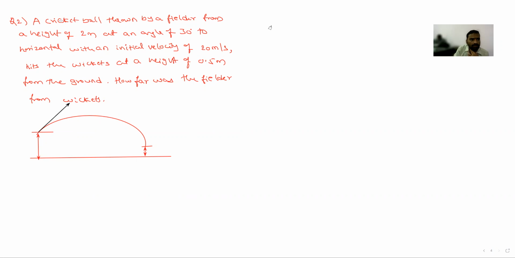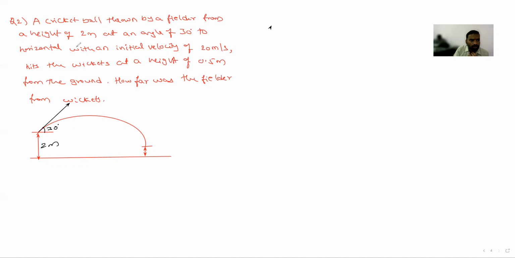This is a cricket ball thrown by a fielder from a height of 2 meter, so from the ground it is 2 meter. Then at an angle of 30 degree, this 30 degree is given.